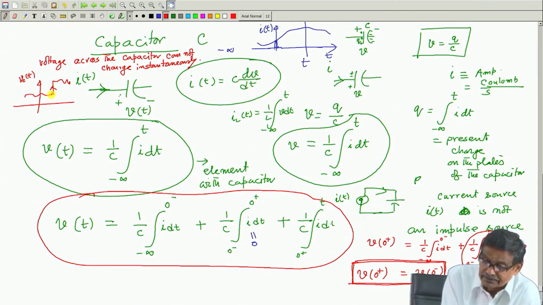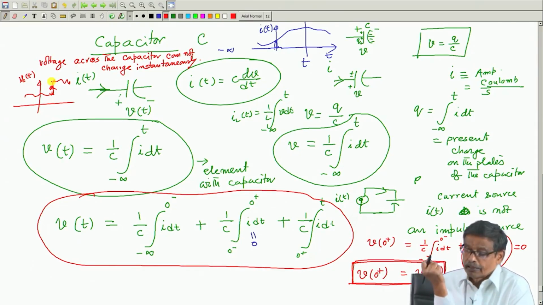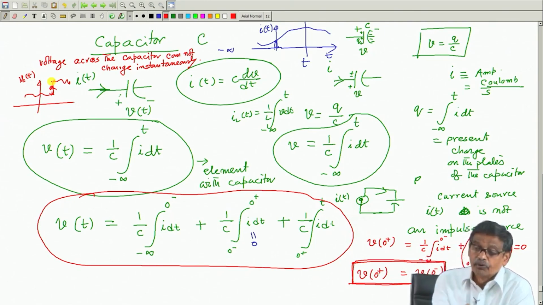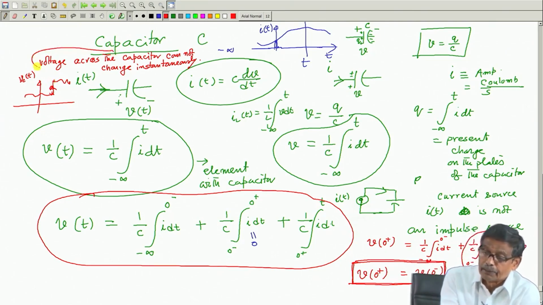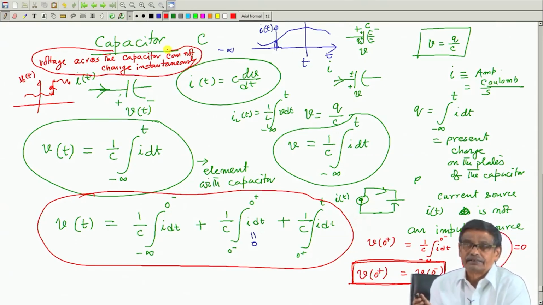At t equal to 0 minus some finite voltage, say 2 volt, and at t equal to 0 plus 5 volt, no, a sharp jump, a vertical line will not be present in a capacitor, just as a sharp rise in current in an inductor will not be present. Therefore, we say that voltage across the plate of the capacitor cannot change instantaneously.